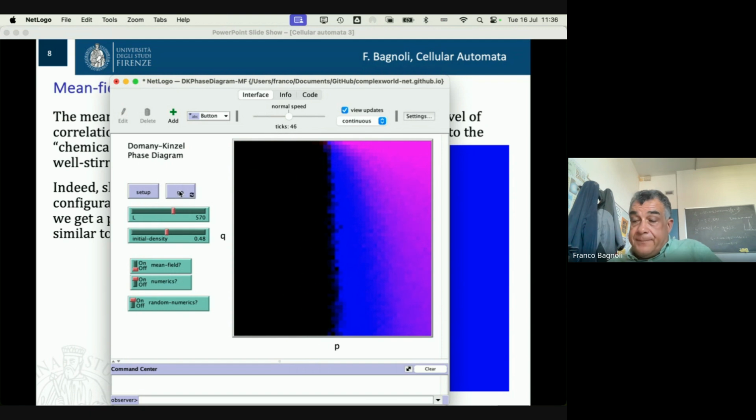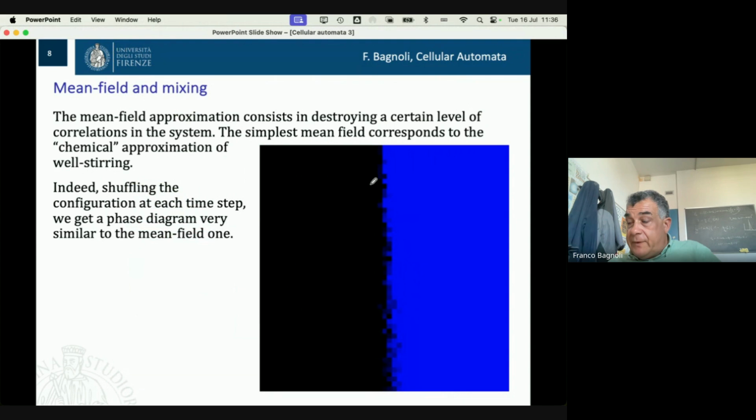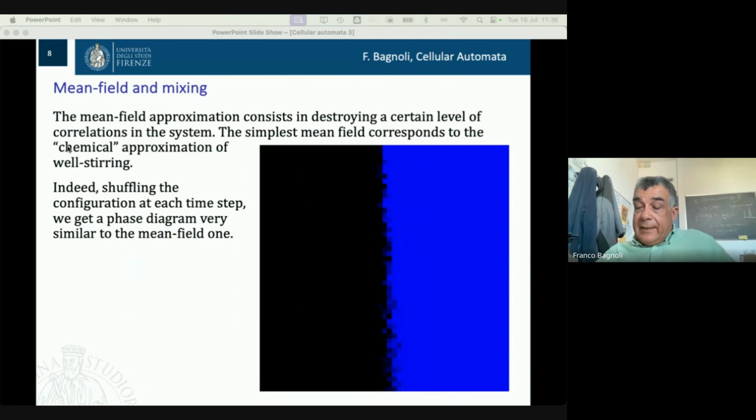This is just for checking that the mean field approximation is essentially the same as the simulation done with a continuous reshuffling. And this is, if you think, the classical chemical approximation. When you write down the chemical equations, these are mean field equations that are formulated assuming that the reaction is stirred enough so as to break any spatial correlation in the system.